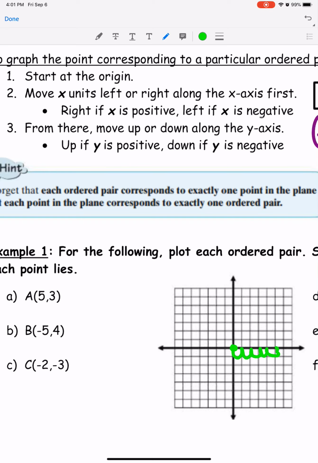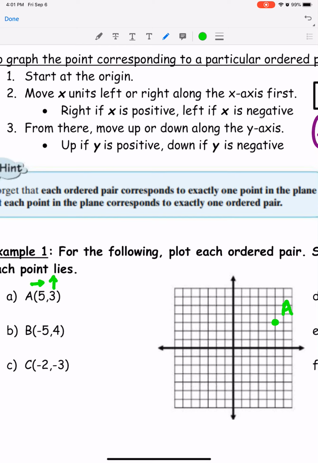Then from here you go up 1, 2, 3. So our point is right here. And so after we put a dot right there for that ordered pair, we're going to label that point A. So we went to the right 5 and then up 3.